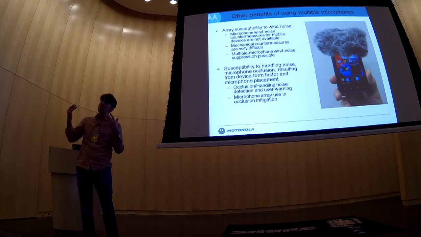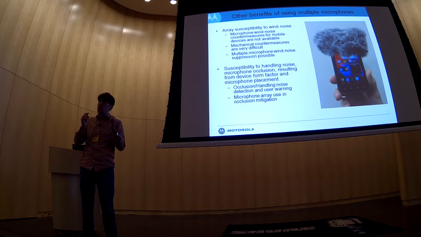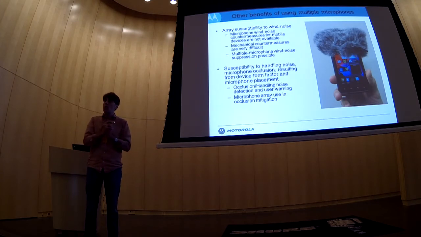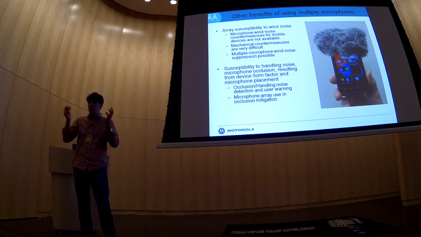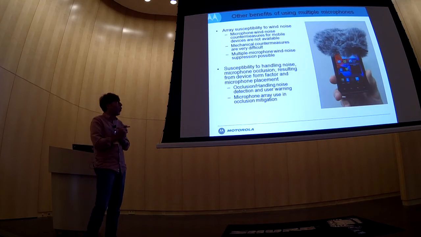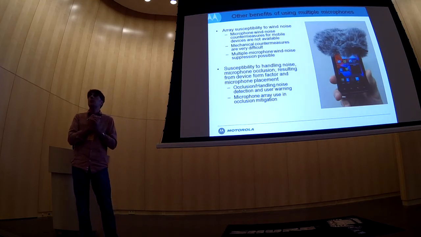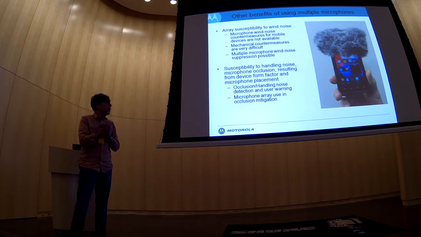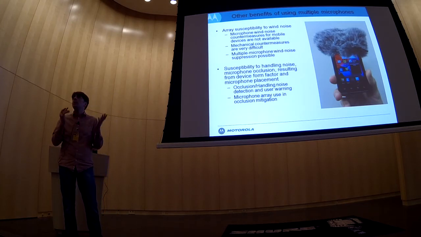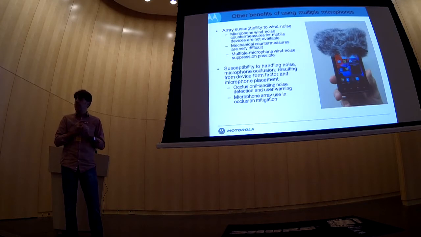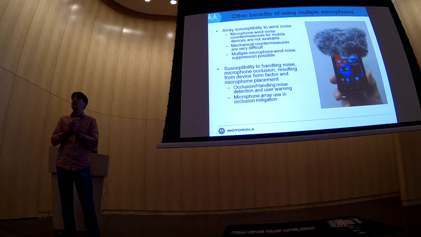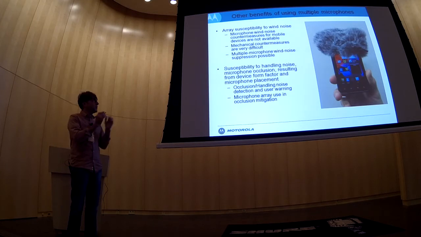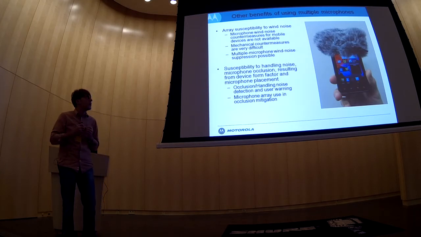They can either detect that wind noise happens and warn the user and tell him to shoot in this special mode that does something to the signal, for example, as a countermeasure. Or even an automated multi-microphone wind noise suppression could be enabled. That's easier said than done because these things tend to be computationally expensive. And we'll see on the next slide how important this is.